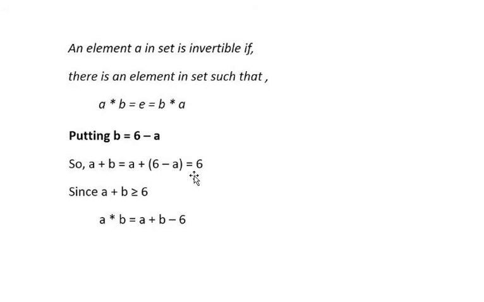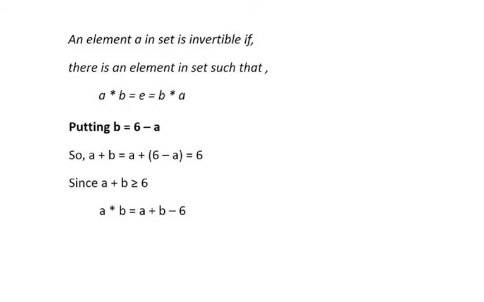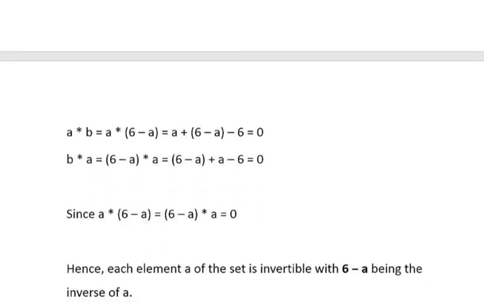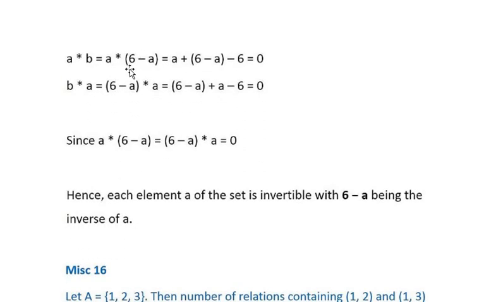So A plus 6 minus A equals 6. Since A plus B is greater than or equal to 6, we have to use this formula, and therefore A plus B minus 6. So we can say that A star B equals A star (6 minus A) equals 0. Why?